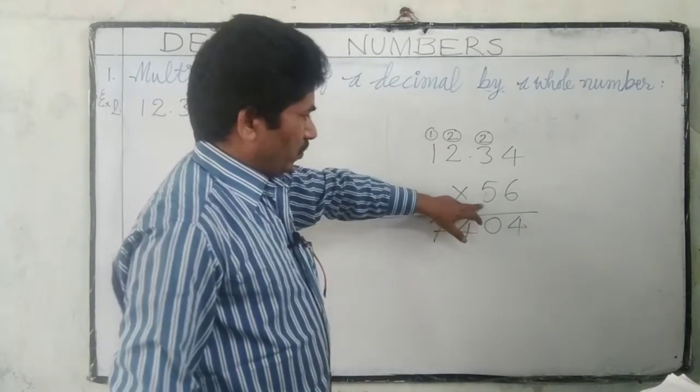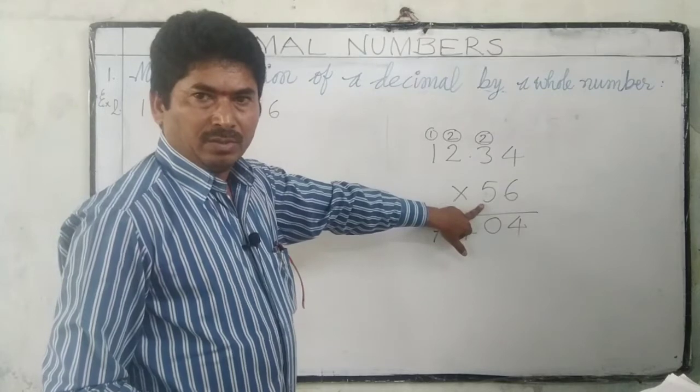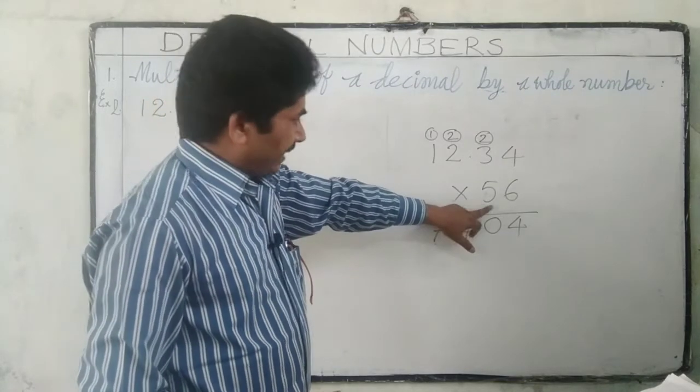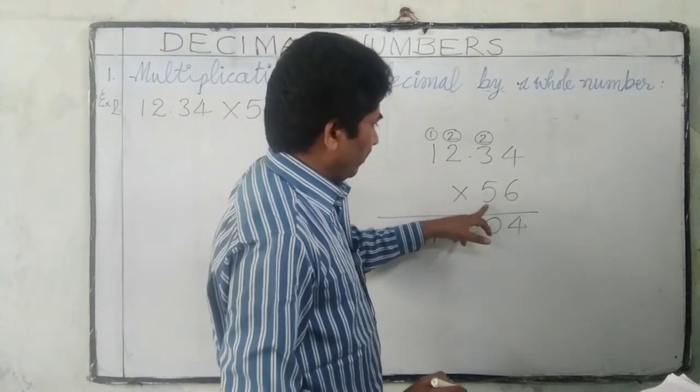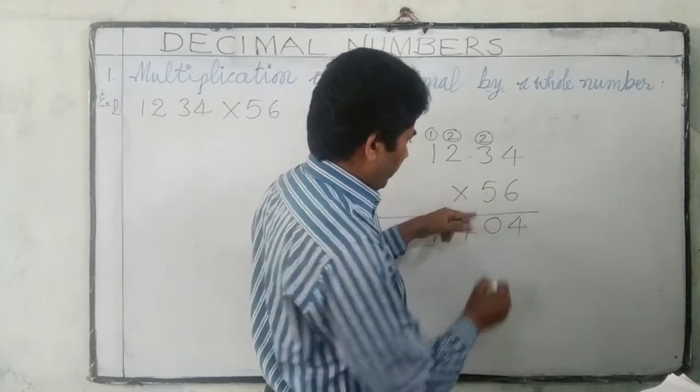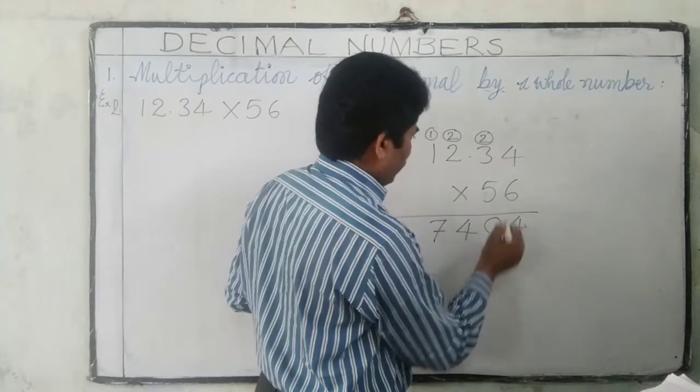Now we have to multiply with the 10s place digit 5. 5 4s are 20. 0.